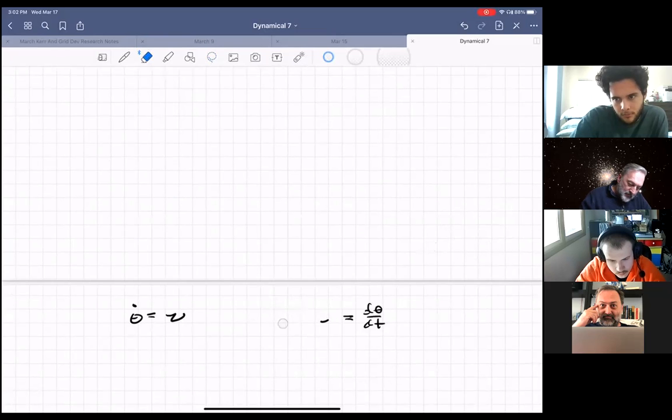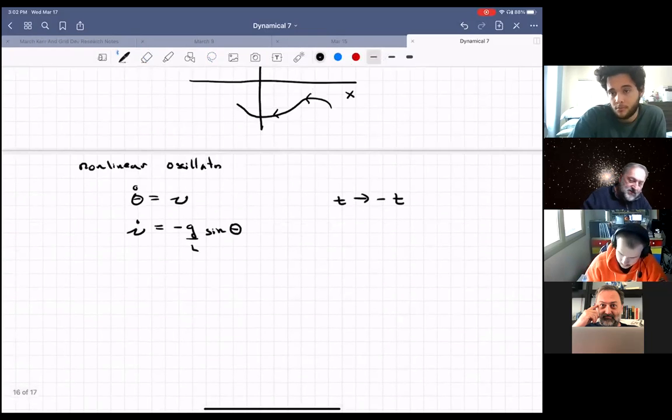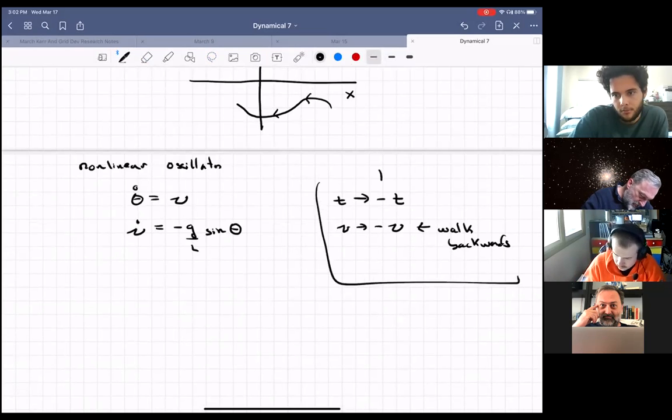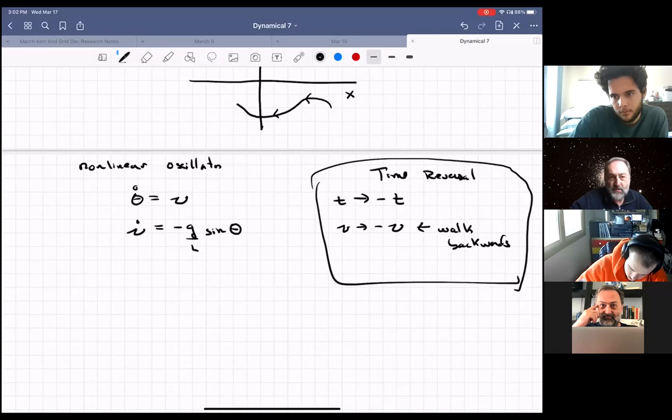So what do you mean by time reversal? When you reverse time, the time goes backwards, but so do the velocities. Time reversal means that you run the clock backwards, but you also run the velocity backwards. All right, that makes sense? Now this is going to work.